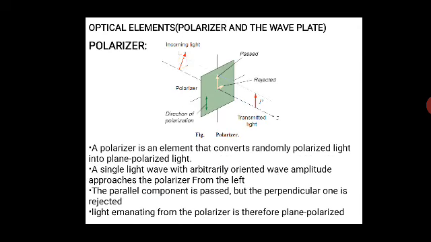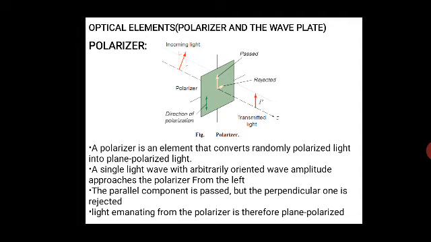Next we'll be dealing with the optical elements of photoelasticity. What are the different types of elements? Under that, one is the polarizer. A polarizer is an element that converts randomly polarized light into plane polarized light.